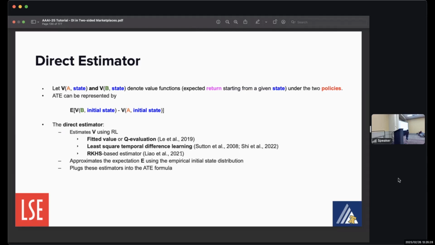There are several RL algorithms available to estimate the value function. And once you have the value function estimator, you also need to approximate this expectation using the empirical initial state distribution. And then you plug this estimator into this formula to construct the resulting ATE estimator. So that's the version of the direct estimator in the reinforcement learning setting.